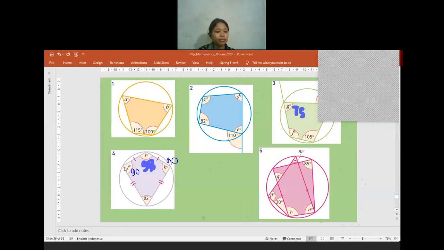85. Okay, if you get confused, I'll give you a line to help. Do you still remember the corresponding angle and everything? So I can make the letter F in here. Or if you don't want to make the letter F, do you still remember when we have co-interior angles, how many it will be?